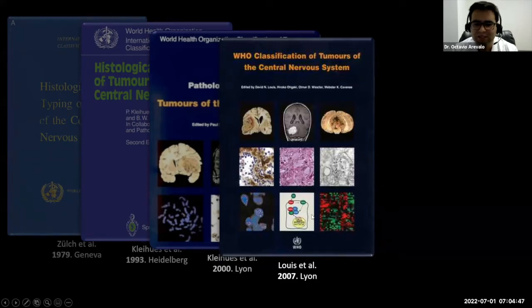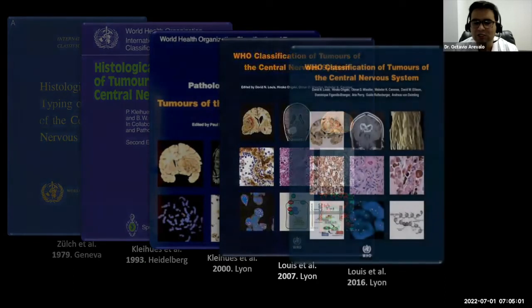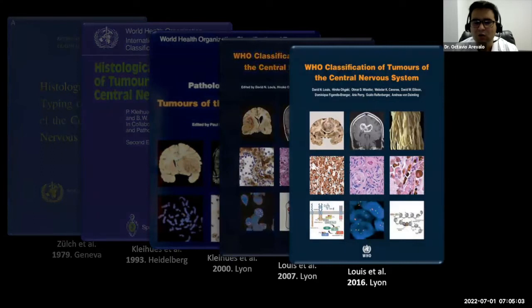And if you take a look at this panel down here in the center down, you will see that there is a mention of metabolic pathways, that are abnormal in certain brain tumors that were taken into account when defining the entities. However, it was until 2016 when not a fifth edition, but a 4+ edition was issued, when the molecular abnormalities took a protagonic role in the diagnosis of brain tumors.